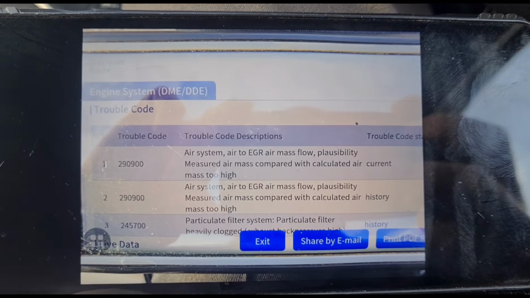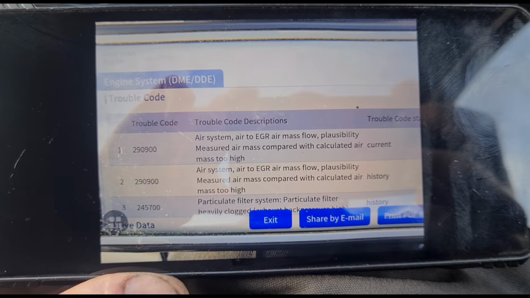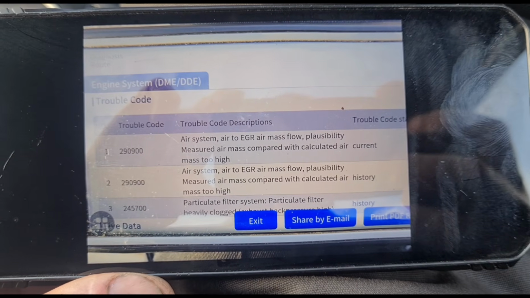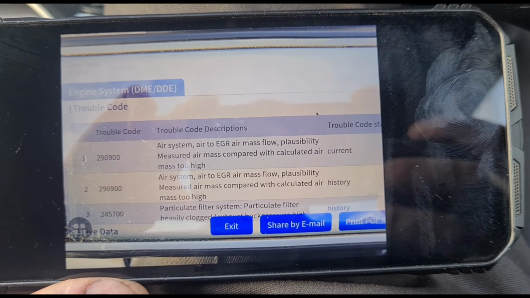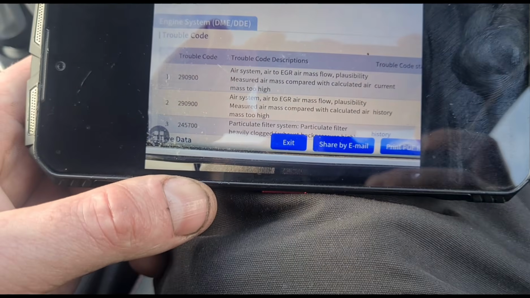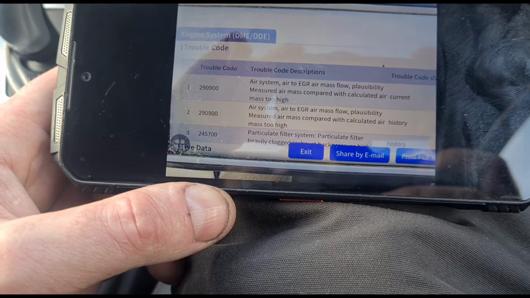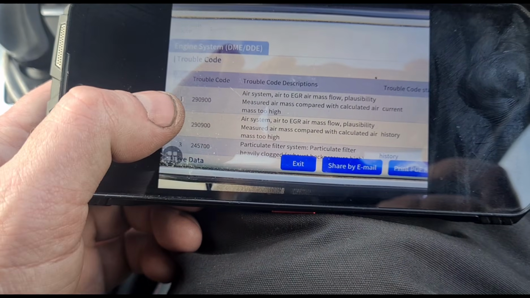Okay, so these are the codes that he's been getting. 290900 Air Flow Plausibility. So the airflow isn't correct. Air system to calculated air mass too high, and then particulate filter heavily blocked.